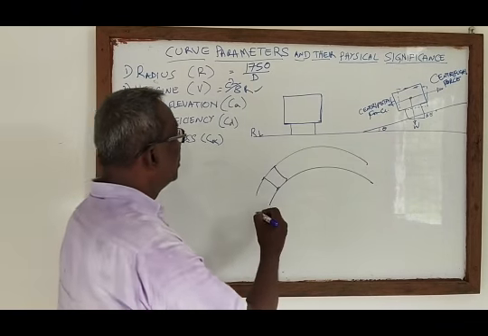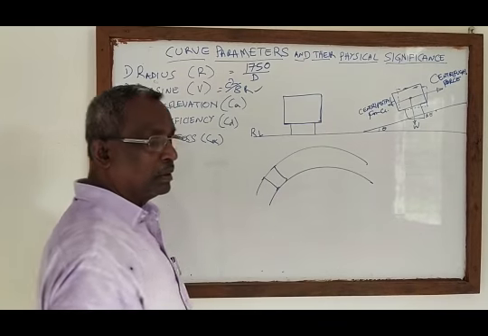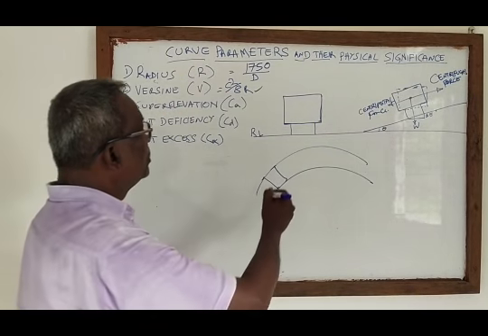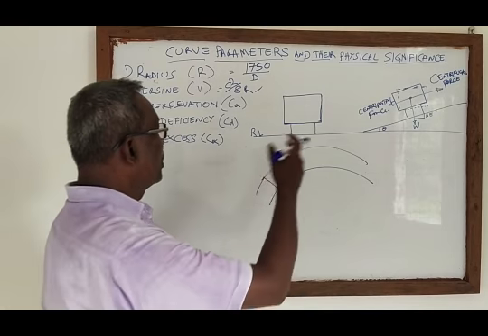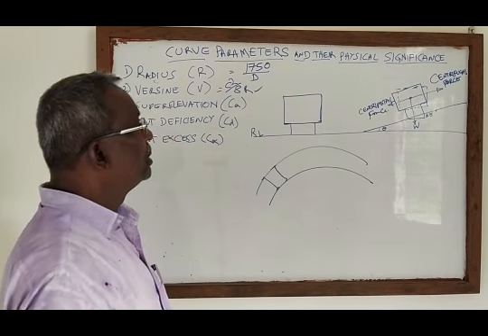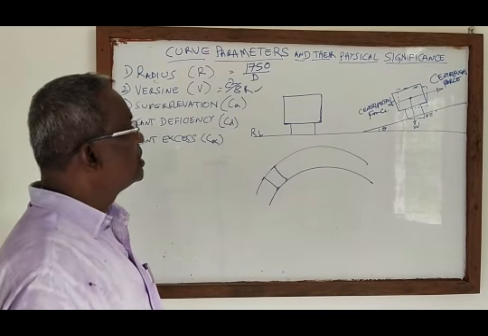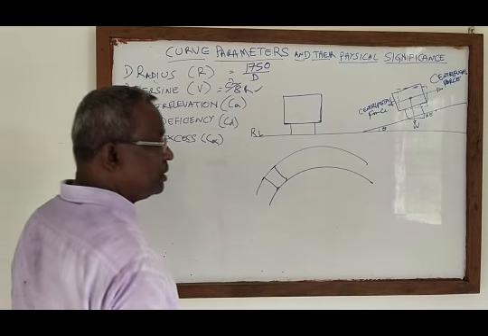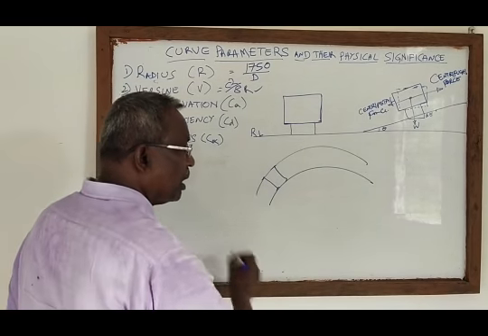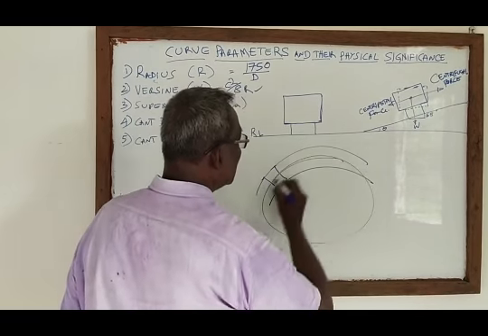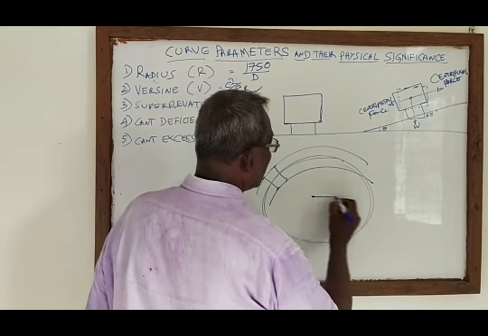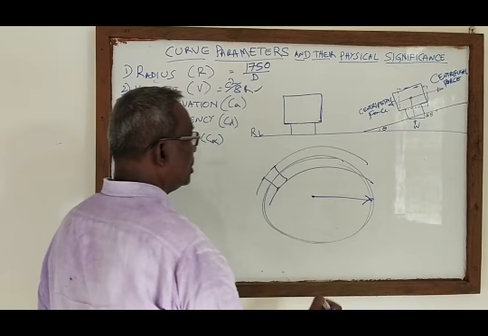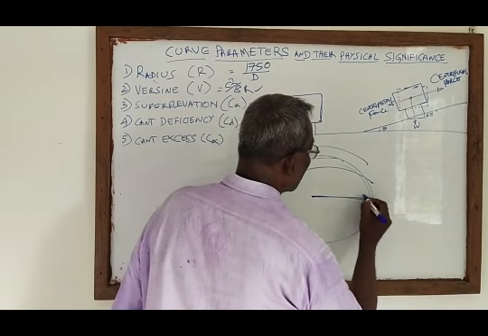When a train moves over the curved track, the forces contributed are, number one, centrifugal force, and number two, centripetal force. Any particle moving around has a tendency to go outside.